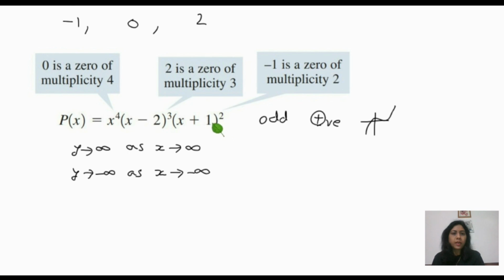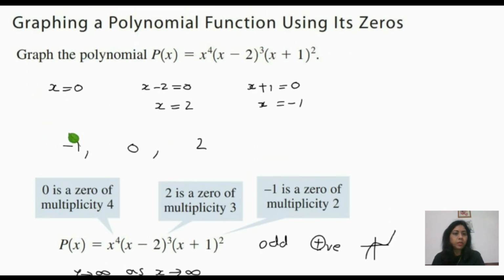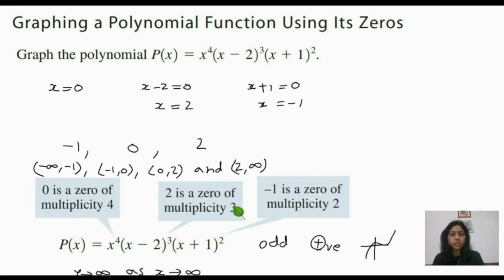Okay, and here we got these zeros, and these zeros determine intervals. So minus infinity to minus 1, then minus 1 to 0, then 0 to 2, and 2 to positive infinity. We will choose test points in between these intervals and check which type of graph.